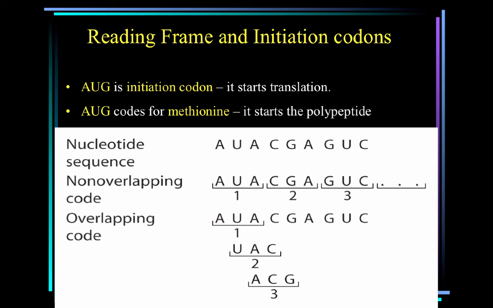All right, so let's take this concept just a little bit further and talk about reading frame and initiation codons. A reading frame is the RNA, or messenger RNA, sequence. So if this is our nucleotide sequence up here at the top, AUA, GCA, GUC, that is going to be split up into three different reading frames, or three different codons: codon 1, codon 2, codon 3.